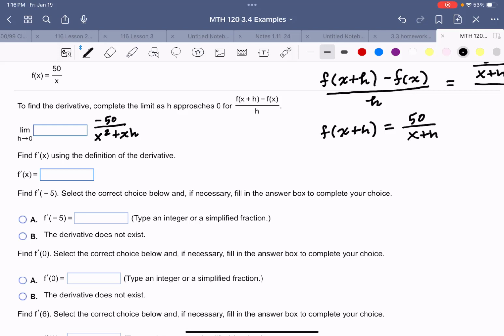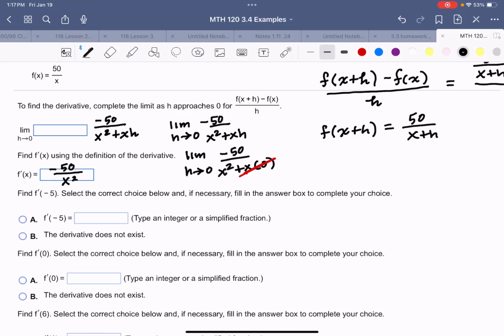Now when we do the limit as h goes to 0 of negative 50 over x squared plus xh, that's the limit. H goes to 0, negative 50 over x squared plus x times 0. Well, that's a 0. And so my final derivative ends up being negative 50 over x squared.